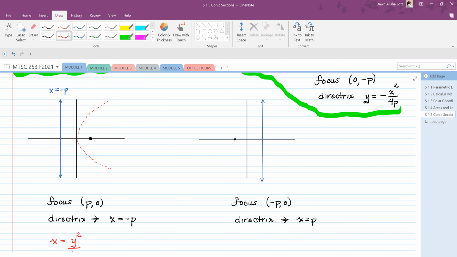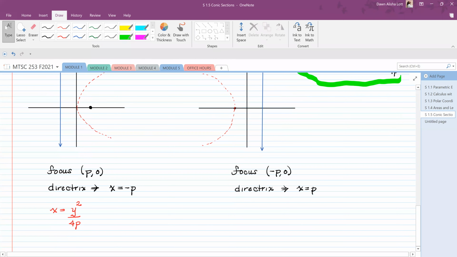And my parabola is going to open sideways to the left. And I will get x is negative y squared over 4p.